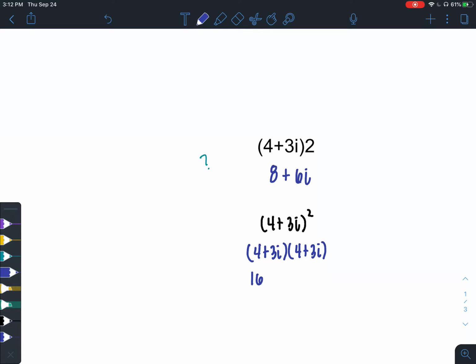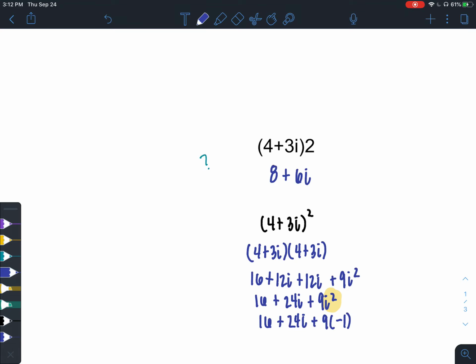So we get 16 plus 12i plus 12i plus 9i squared. So we want to combine like terms, so we get 16 plus 24i plus 9i squared. If you remember, i squared is equal to negative 1, so let's go ahead and write that. 16 plus 24i plus 9 times negative 1. So we get 7 plus 24i as our solution.